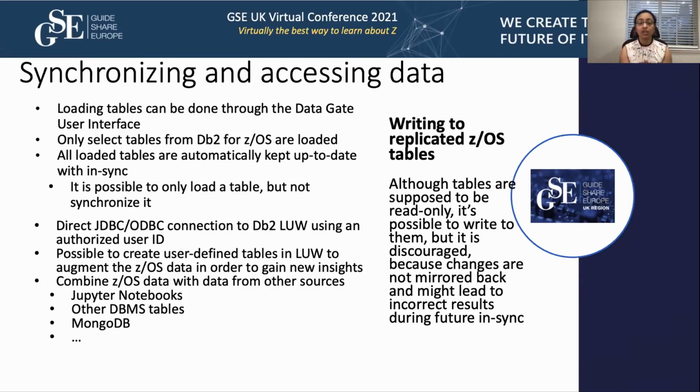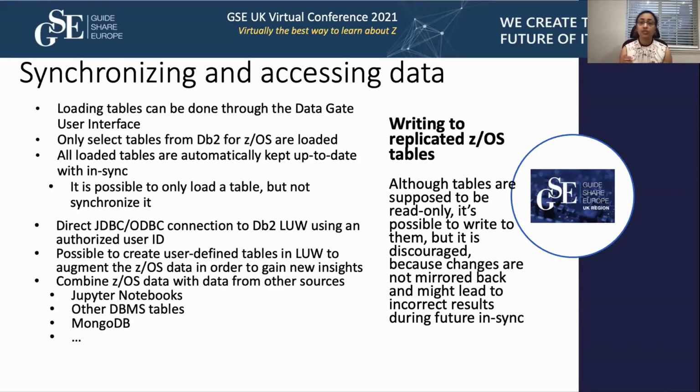You can combine all of that data together to gain useful business insights. On a cautionary note, DataGate is built for and can only handle unidirectional data transfer from the source to the target, and not vice versa.